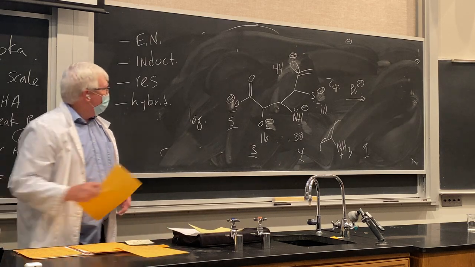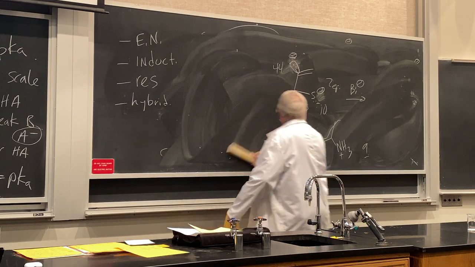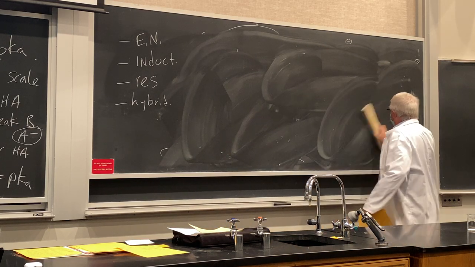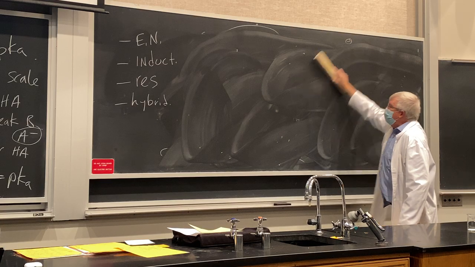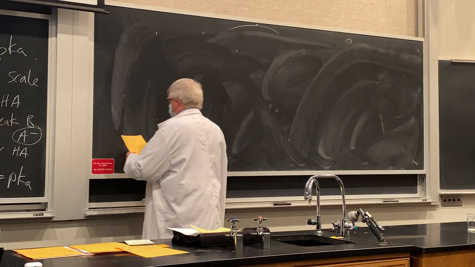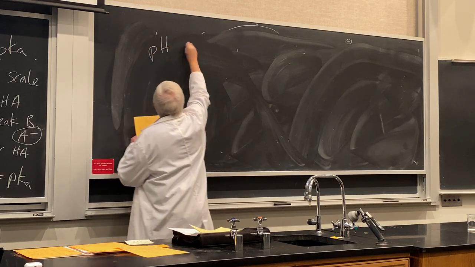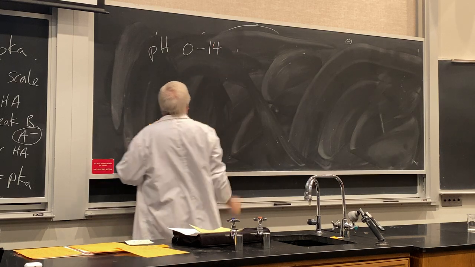Let's get to water here. Let's go back to water. And we talked about water to begin with when we talked about the Kas last time. When we talk about water, we talk about the pH scale, which goes from 0 to 14.